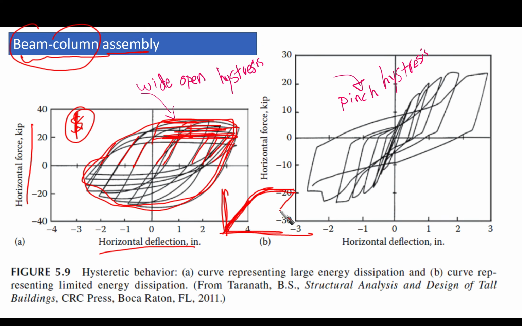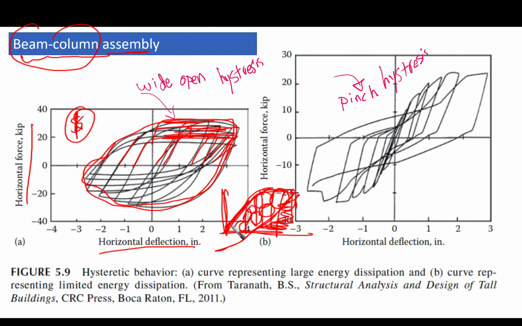So it will come from here, for example. The difference between the two areas, this total area here and this area under the returning path, is the area in between. So this is the dissipated energy.